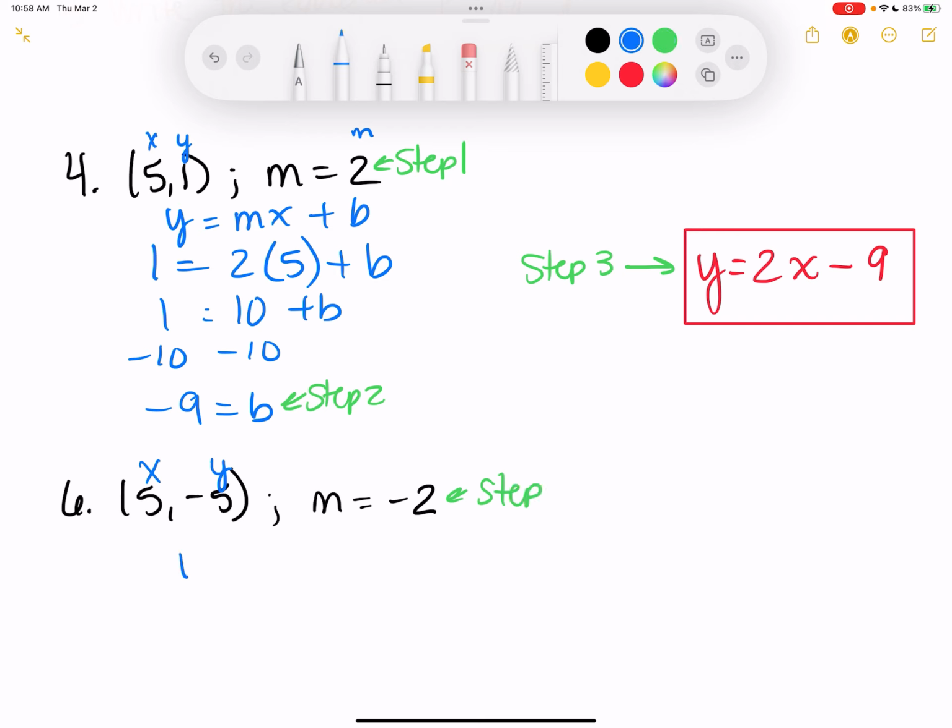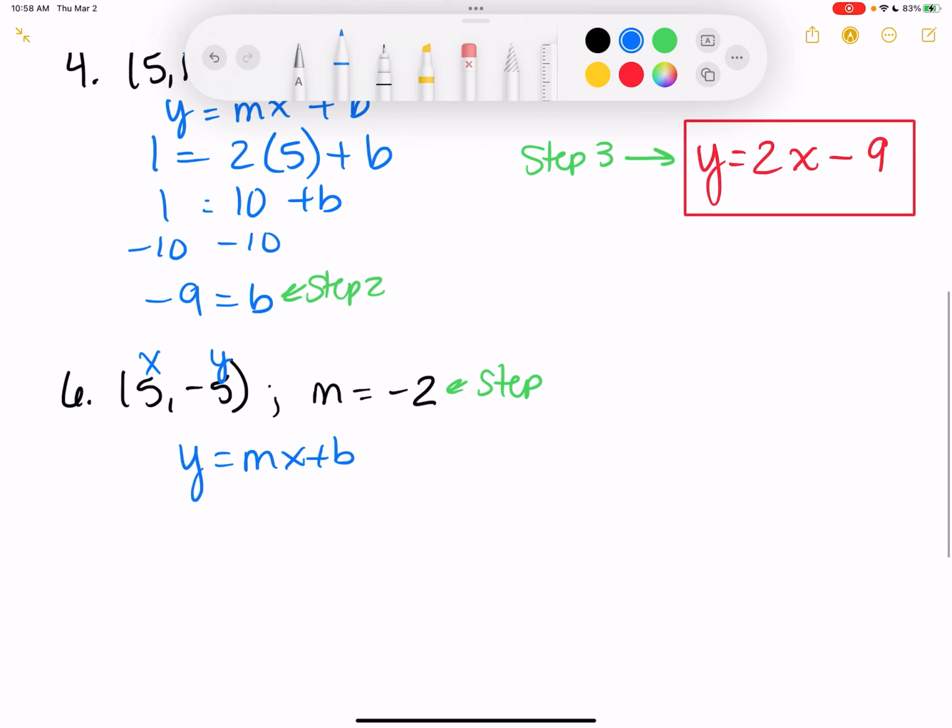Then y equals mx plus b. I'm going to plug in everything but b because I have all the pieces except for b. So y is negative 5 is equal to m, negative 2, times x, which is 5, plus b.